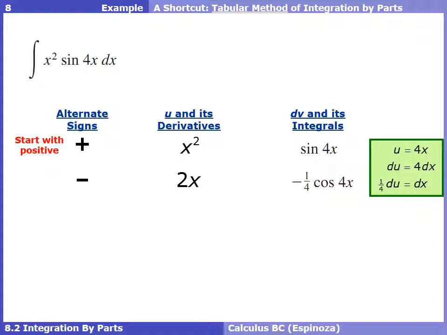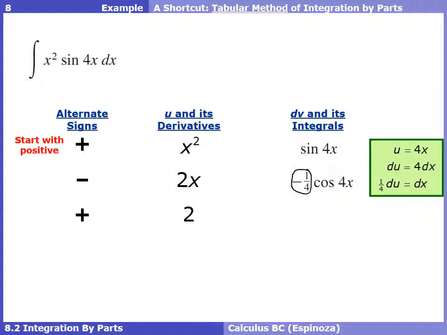Once you get over that little idea and not forget about your whole u substitution process, because that can appear in these types of problems, really the rest of this tabular method works out quite nicely. The next symbol we'll put as a positive. The derivative of 2x is 2, and be careful here. When we take the integral of negative 1/4 cosine 4x, we really aren't considering this piece yet.